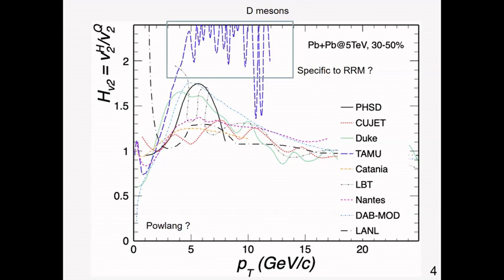And when we calculate the total V2, we do a weighted sum between the recombination components and the fragmentation components with the spectrum as weights. But now the spectrum from recombination becomes harder due to the inclusion of the excited states. So this also contributes to a larger V2.